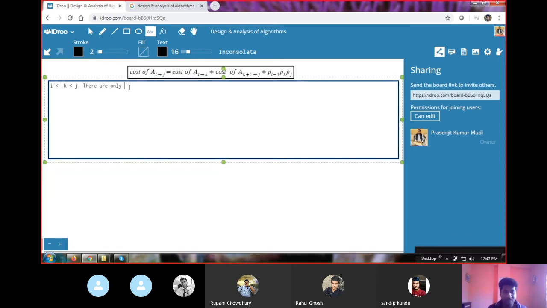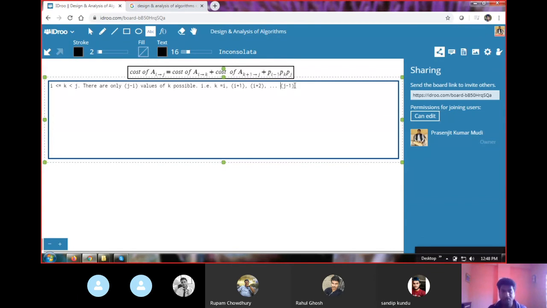That means there are only j minus i values of k possible, which are k equal to i plus 1, i plus 2, dot dot dot, excluding j. So the last value of k is j minus 1.